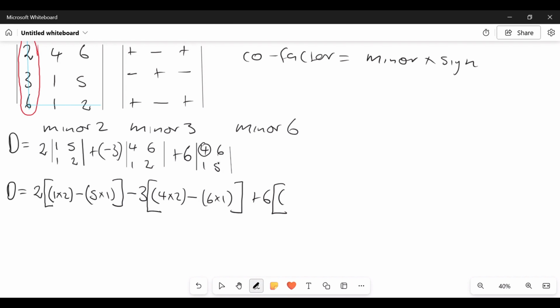We say 4 multiplied by 5, and then minus the product of 6 multiplied by 1. There we go. And this is what we have.